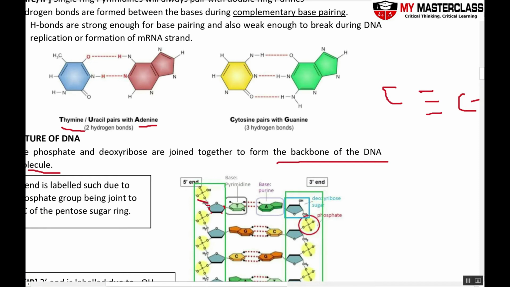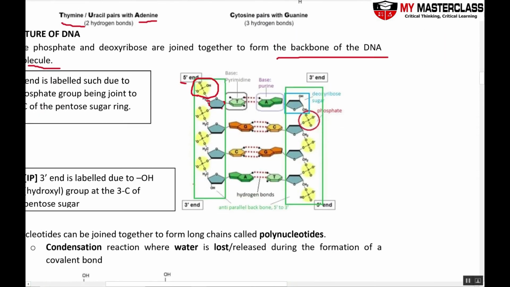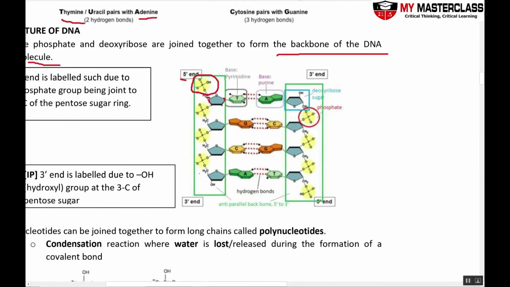In this area, the phosphate group is bonded covalently with the 5th carbon, and therefore we call it the 5' end. So the 5' end means that this part is bonded covalently with the 5th carbon of the pentose sugar. Alright, so for the 3' end, here I have got the first carbon, 2nd carbon, and it ended off with the 3rd carbon, and therefore it is the 3' end.